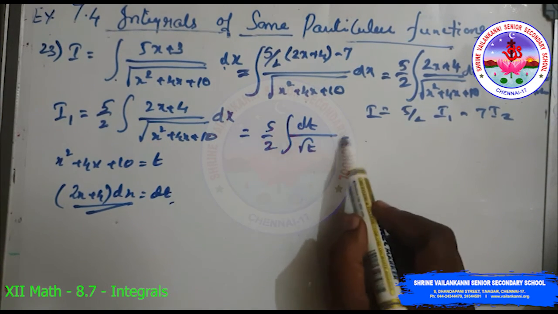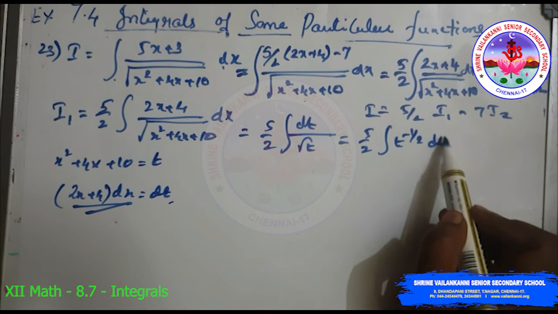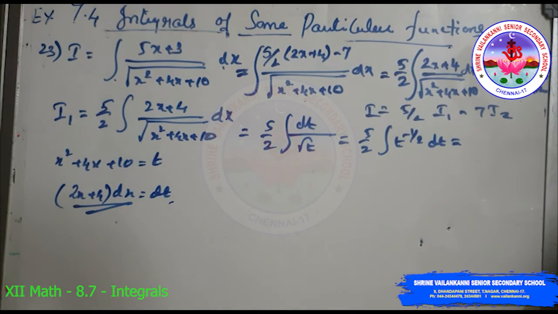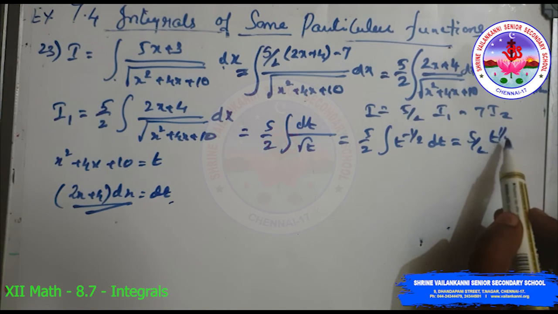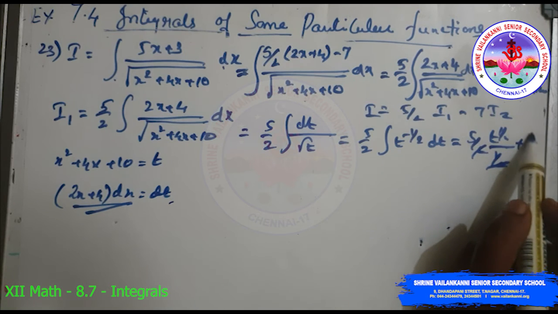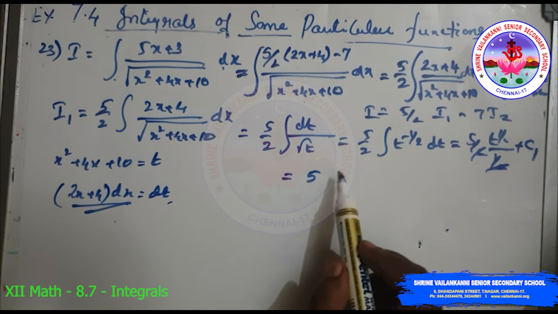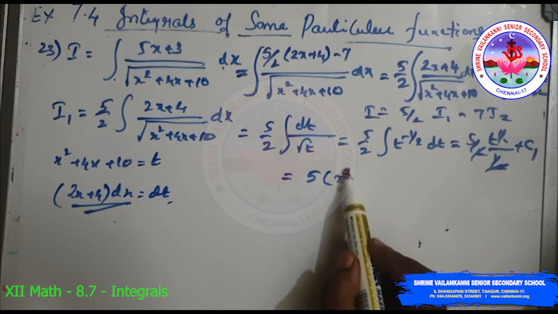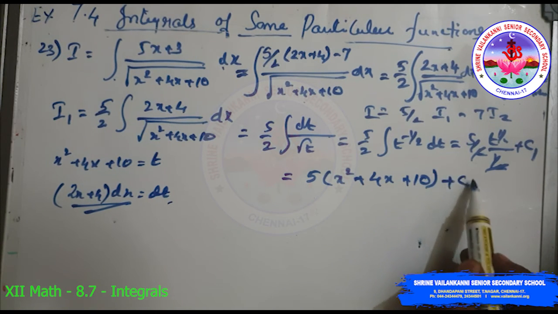So integral of this, 5 by 2 integral of t power minus half dt, using the same formula x power n plus 1 by n plus 1, we get 5 by 2 t power half by half. So this 2 and 2 will get cancelled, plus some c1. So which is equal to 5 into root of x square plus 4x plus 10 plus c1.